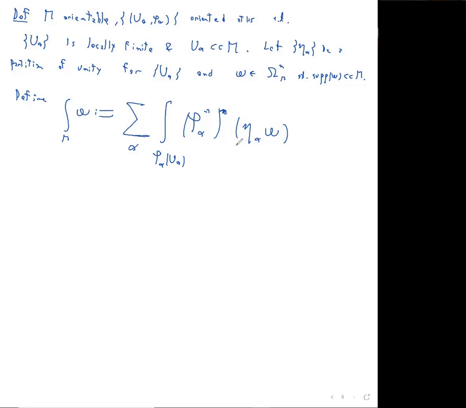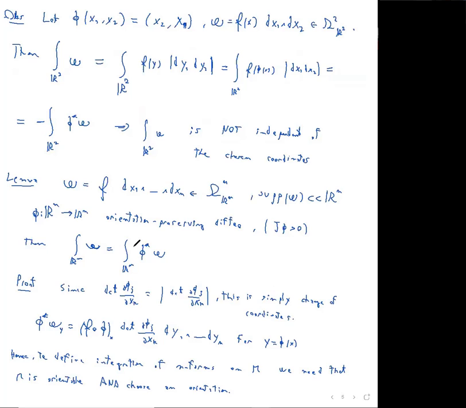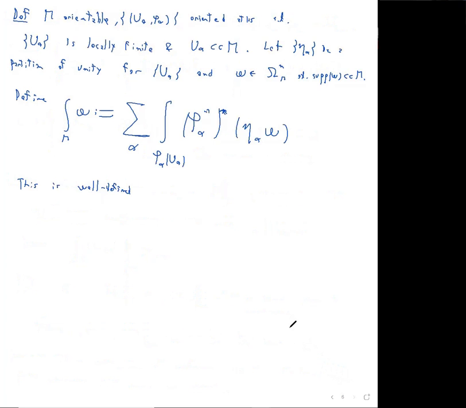And the point is that this is well defined now, because all these changes of variables that we have here, all these phi alpha inverse, are orientation preserving. So it doesn't matter which one you put and how you put them. You always get the same. If you take another atlas which has the same orientation, then this is the same thing.